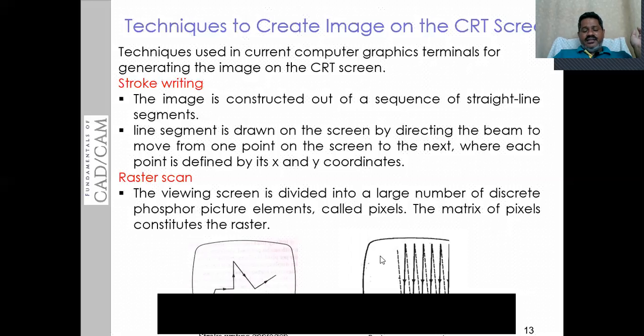So line by line, it is going to energize the phosphor particles on the screen to get the picture, to get the line or the curved lines on the screen. Whenever we want to get the image, the electron beam or the pixel intensity will be varied. In this way, raster scan and stroke writing, these two approaches are used to create the image on the screen.